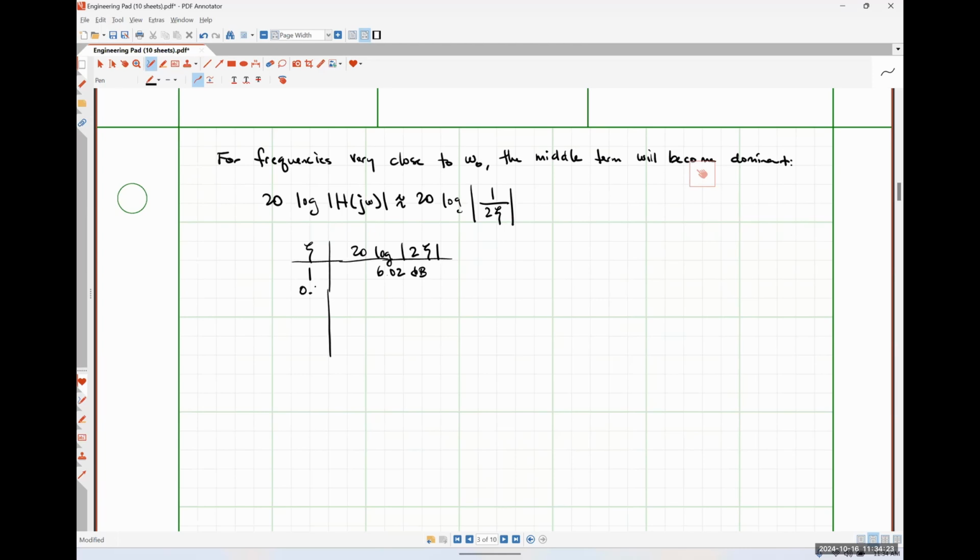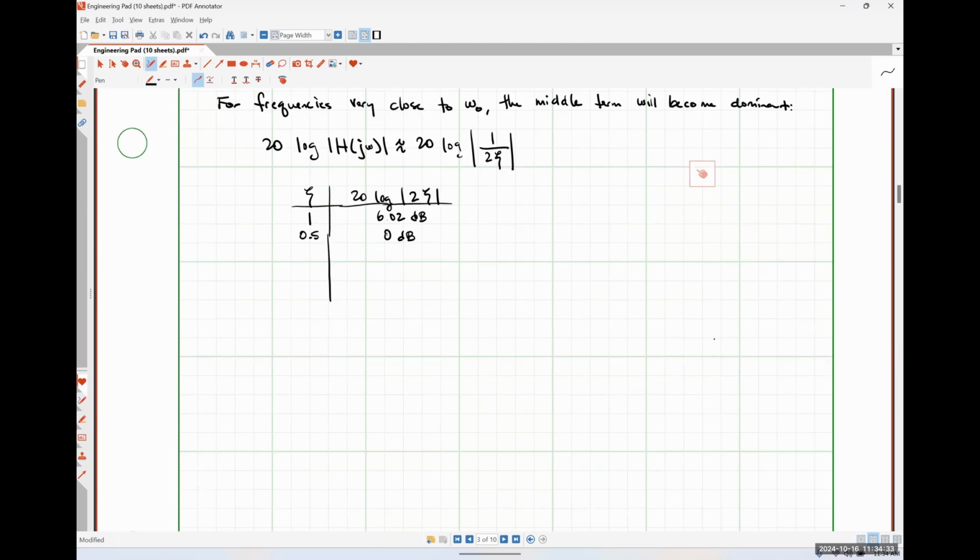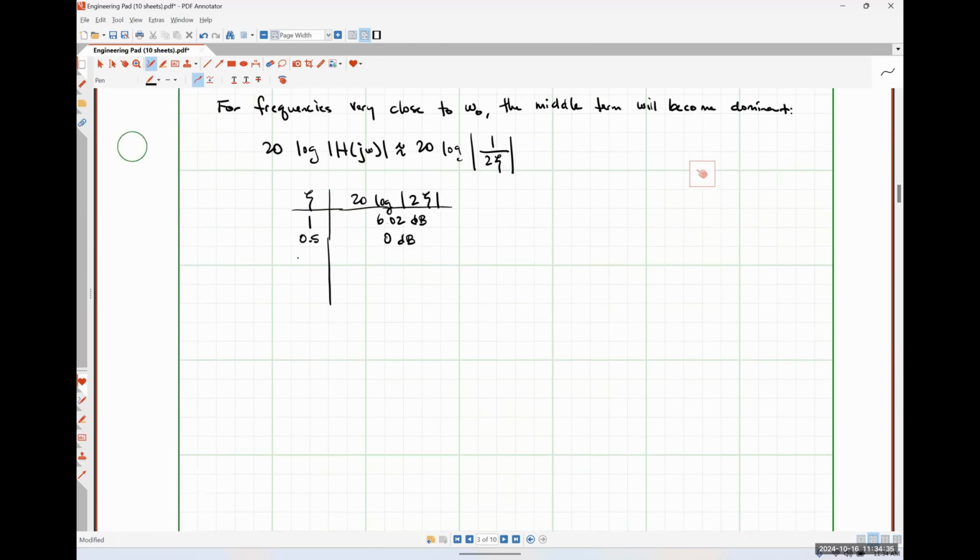What if zeta is 1/2? Well, that's just 20 log of 1. We already know that that's simply 0 dB. What if zeta were 1/4? What's 20 log of 1/2? Negative 6.02 decibels. What if zeta were 0.1?